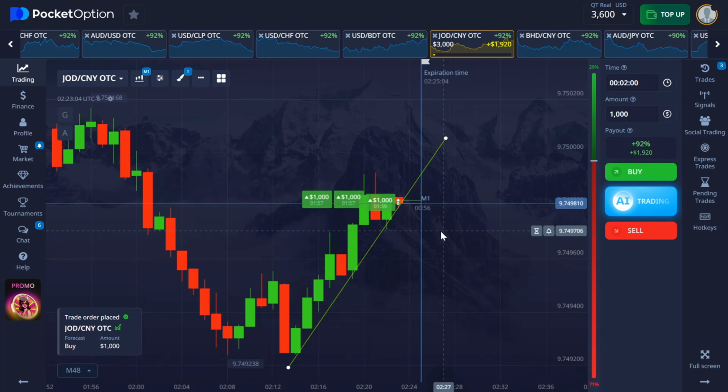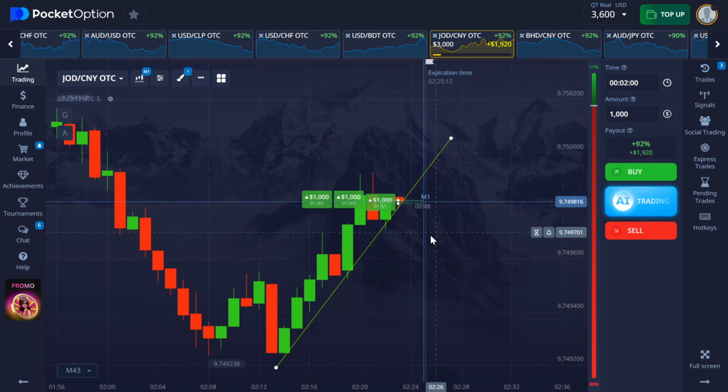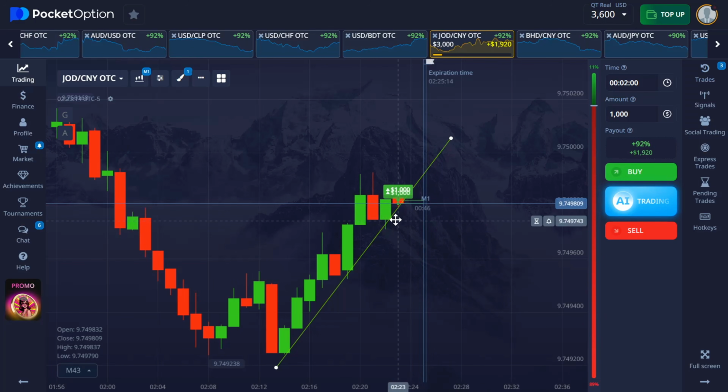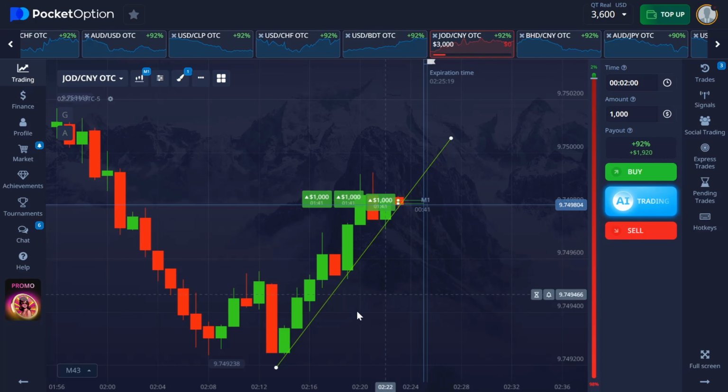Okay, so this trend line right here, guys, I don't even know where to start. Basically, this trade is a very good trade, and I'm going to explain now. You see this hammer candle here, it's very strong. And as you see, we're coming from the trend line.